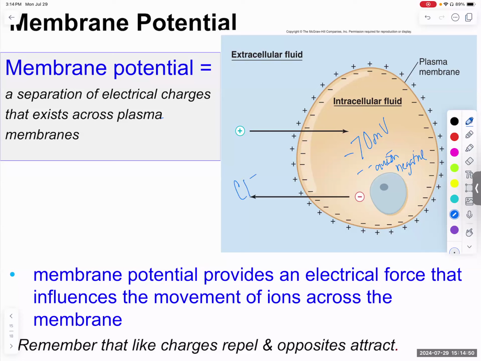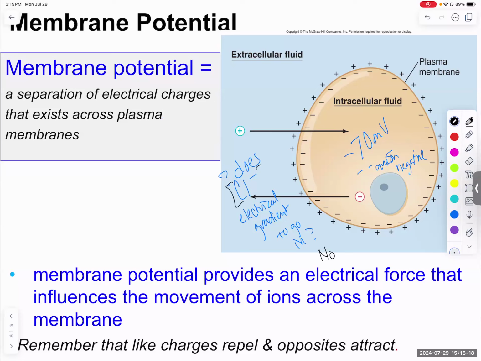Now you have chloride out here. So this is a question. Does chloride have a big electrical gradient to go into the cell? And the answer would be no, because chloride's an anion. There's already a bunch of anions and it doesn't have a big electrical gradient to go in.